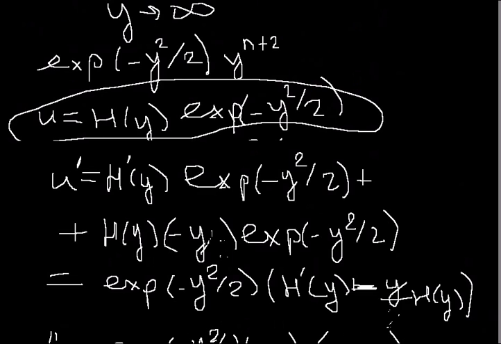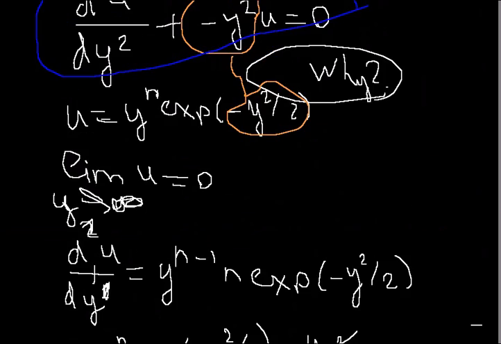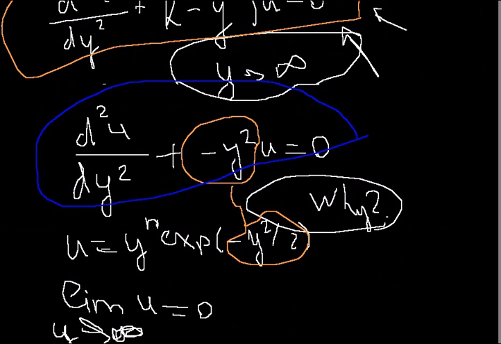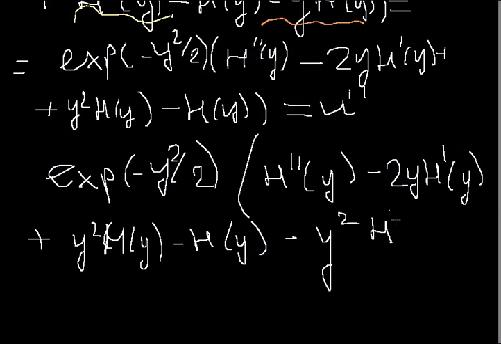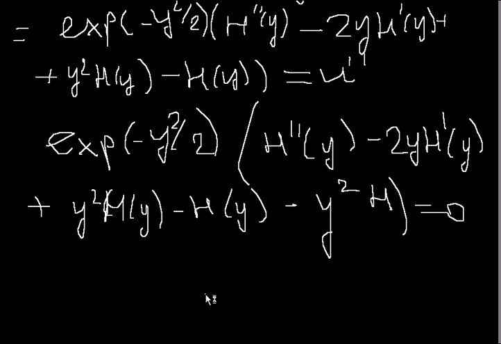And in addition, I have the following term: y squared u minus y squared h, and all the exponent I have taken before the brackets.